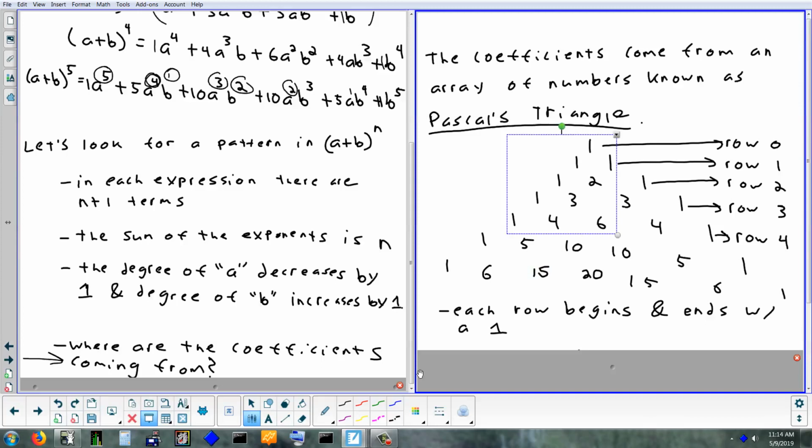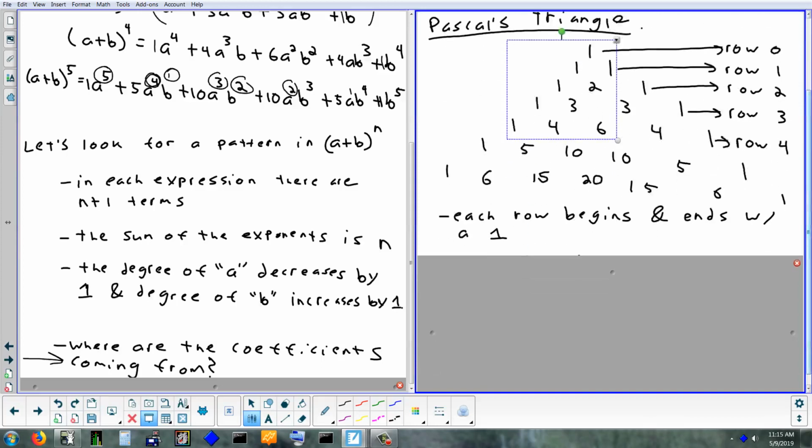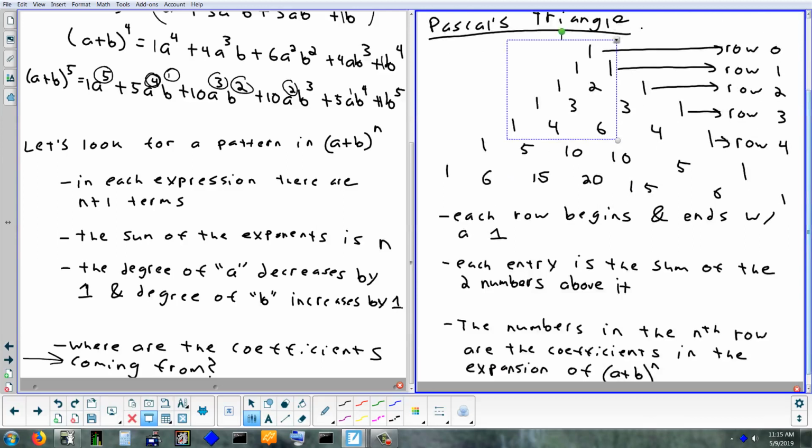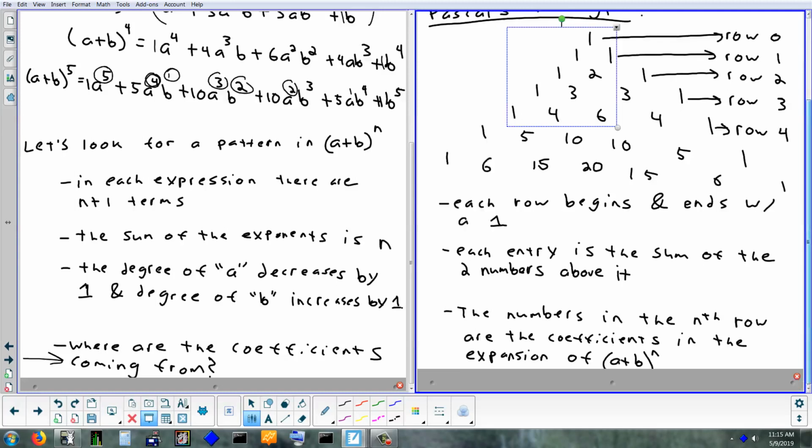You always put 1s going down the outside edges, so each row begins and ends with a 1. Every entry in the row is the sum of the two above it. And this is what I just told you: the numbers in the nth row are the coefficients when you expand out a binomial to the nth power.